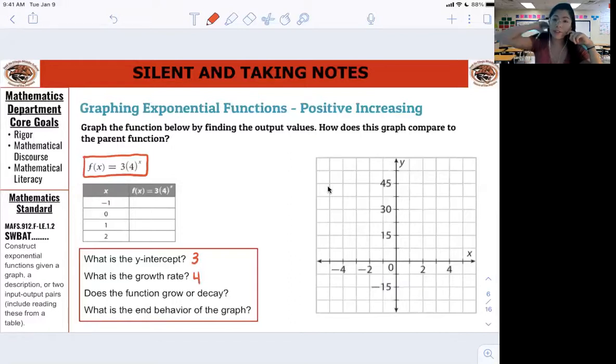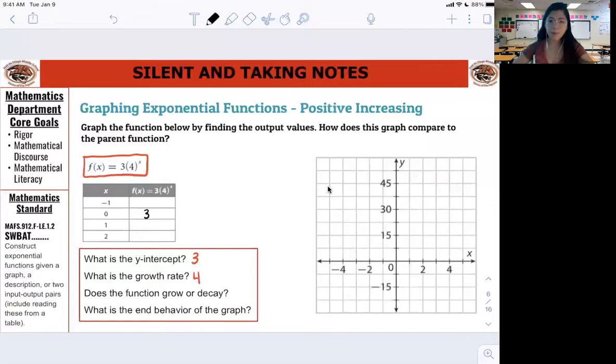So let's just start doing the math and let's see what happens. Now, I always like to start with the y-intercept because we already know what the y-intercept is. The y-intercept is 3. So I can just put the 3 right into my function, right into the table. And again, like I said before, copy down the table, copy down the function, and then you're going to sketch it on your sheet of paper.